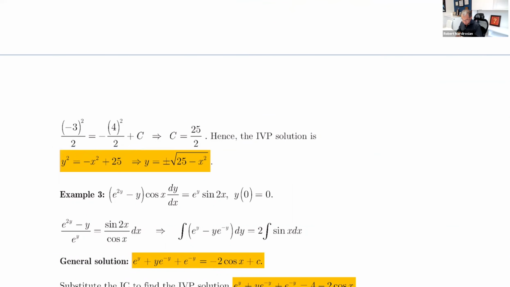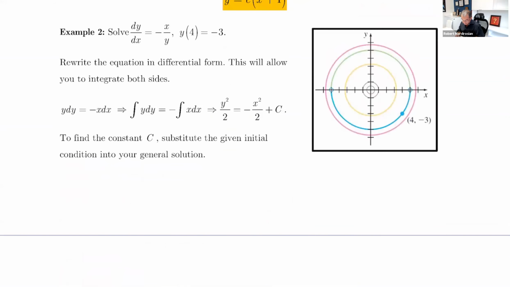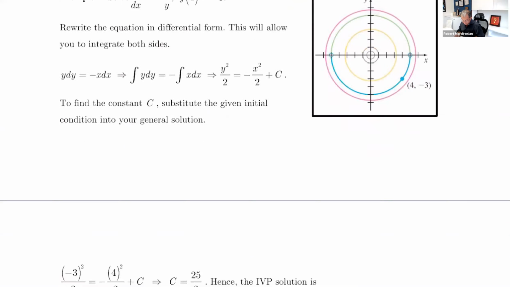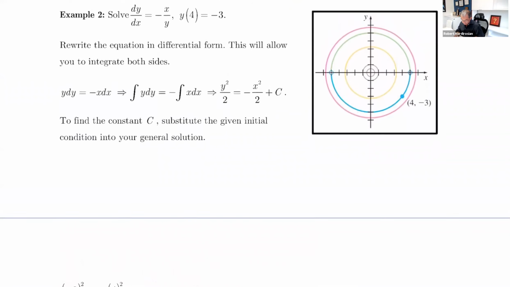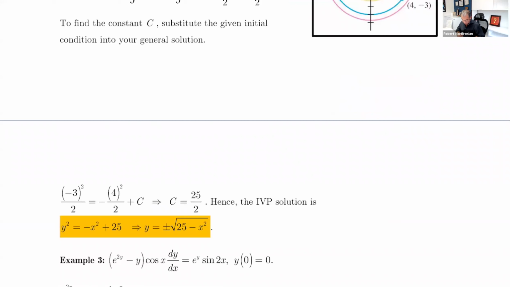Solve for c, and you get c is 25 over 2. It's just simple arithmetic. The 2's cancel, and that's what you get. Isolating y squared, you get y squared equals -x squared plus 25.